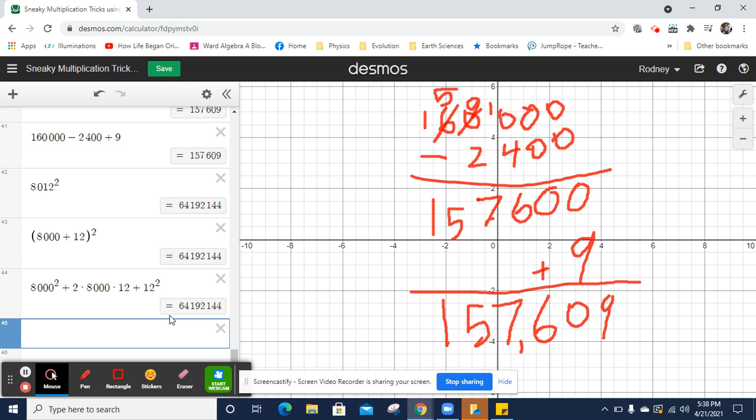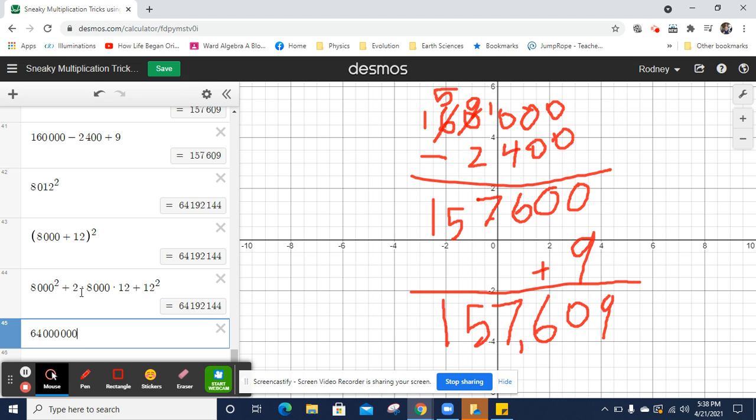Let's see if I can make that work with the calculations. So 8,000 squared is going to be a 64 followed by 6 zeros. Now, 2 times 8 is 16 times 12. Let's see. 8 times 12 is 96.